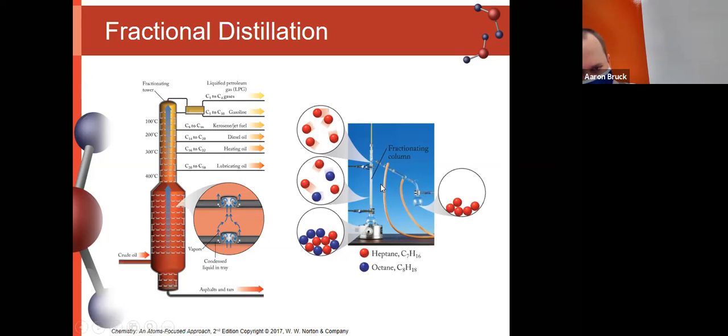Eventually the one that has the lower molecular weight continues to rise up the column and hits the condenser here, starts to fraction off. The things that are heavier, as the temperature cools, because we're getting further and further away from the heat source, continue to fall back down into the vessel here.